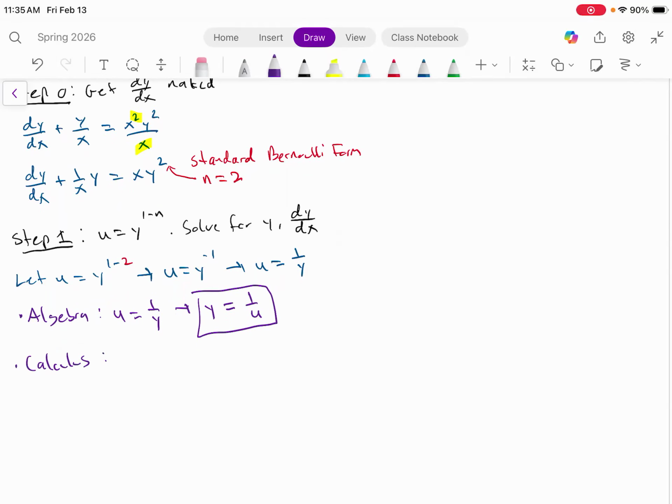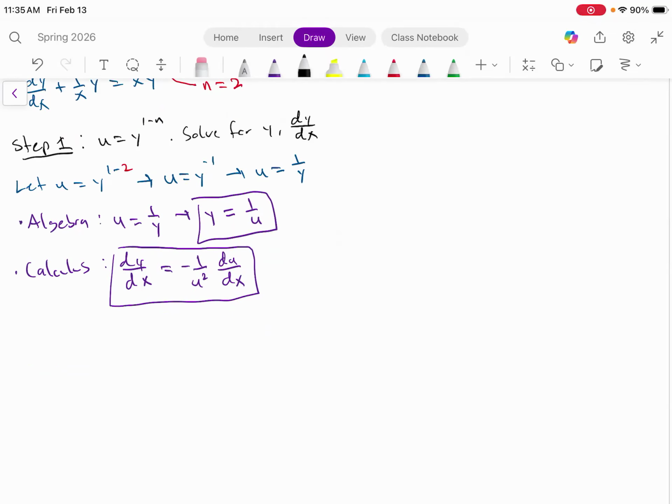So if we take a derivative of y, so dy over dx, well, the derivative of 1 over u becomes negative 1 over u squared du over dx. So now I have my y, I have my dy, and now I could substitute back into the differential equation to put this in terms of x and u.